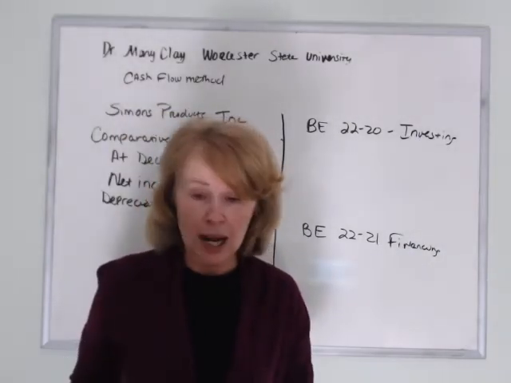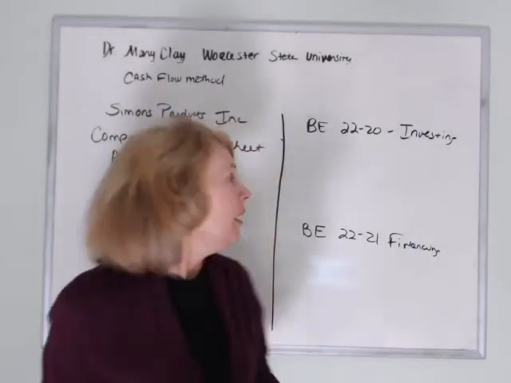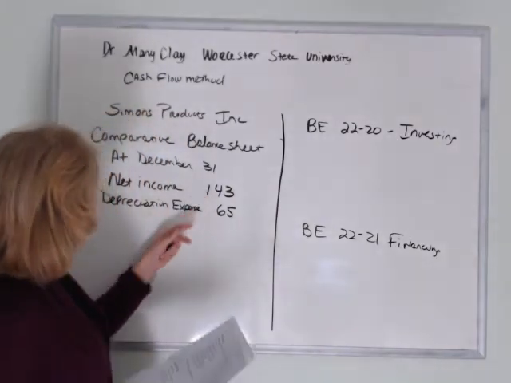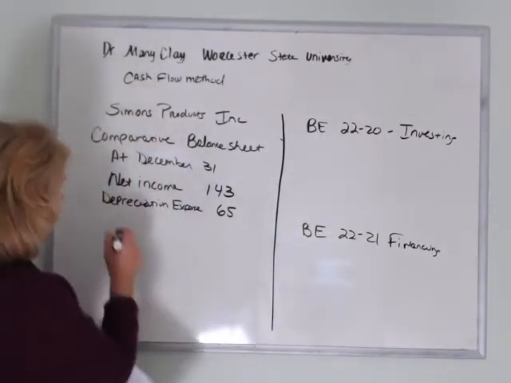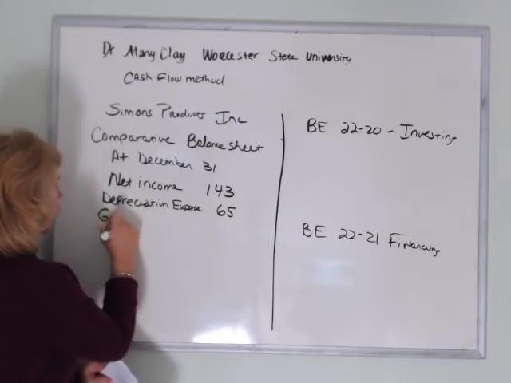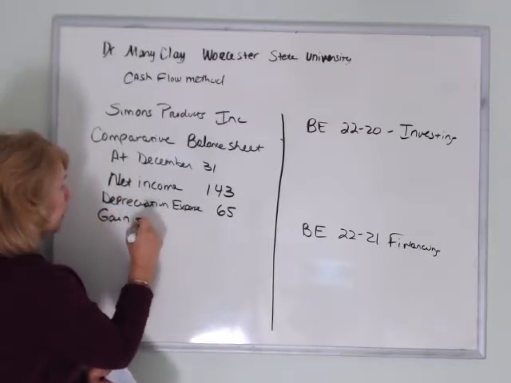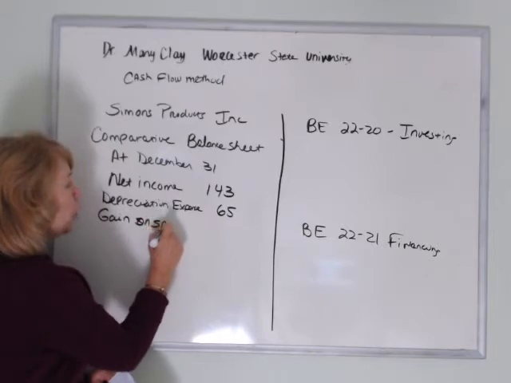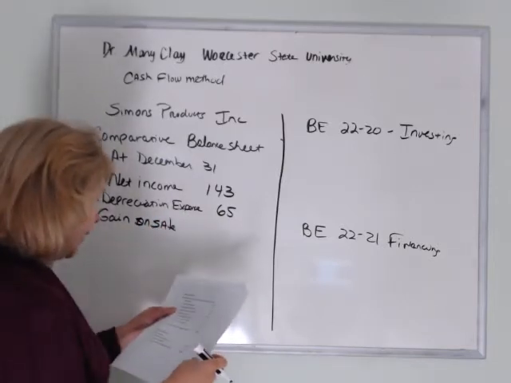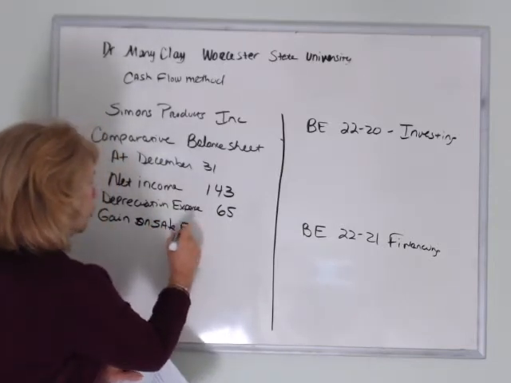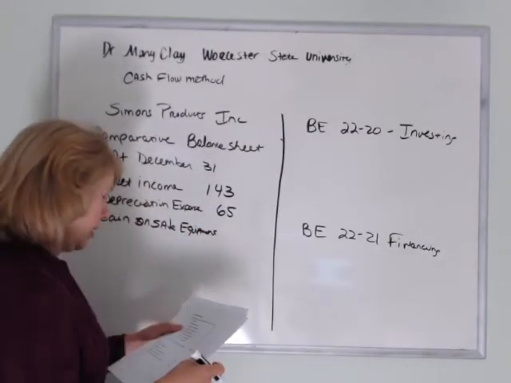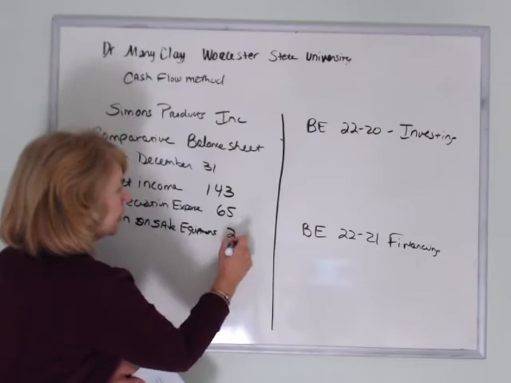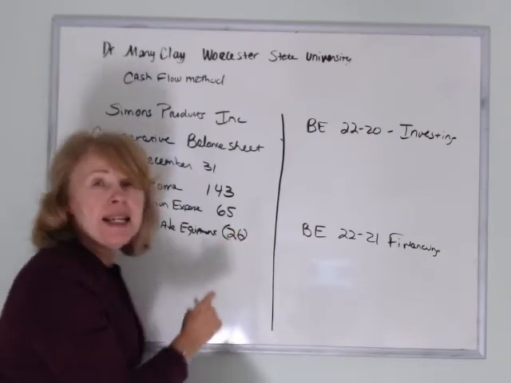All right, I have to put that in. I have to take that out of my net income, okay? So, gain on sale of equipment will be the opposite of how it would normally affect net income. So what am I going to do? I'm going to subtract that. So it's 26. I got that right from the income statement.